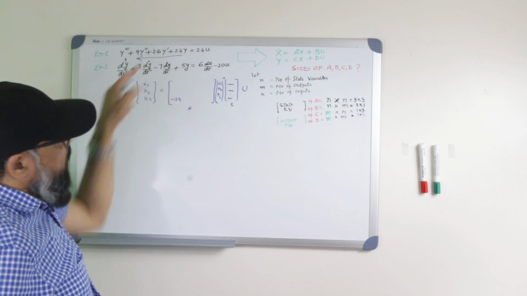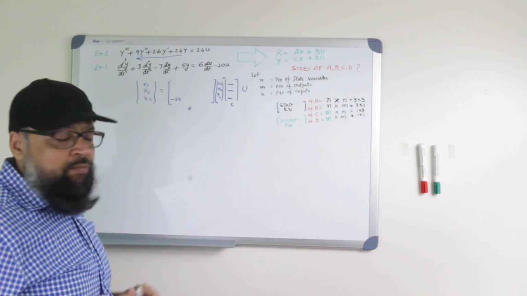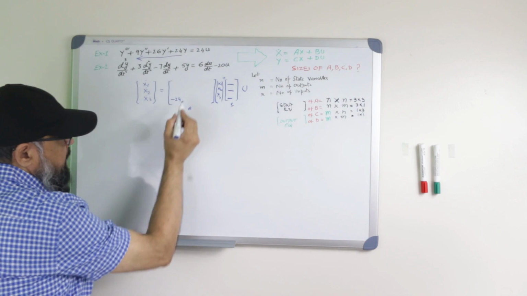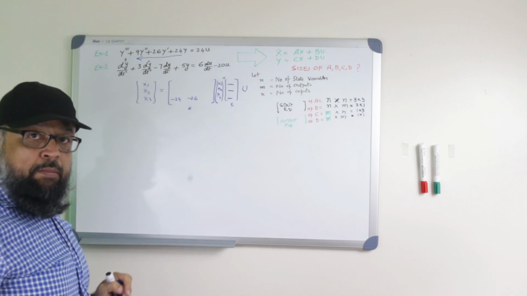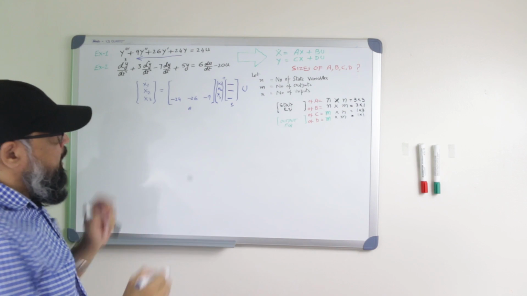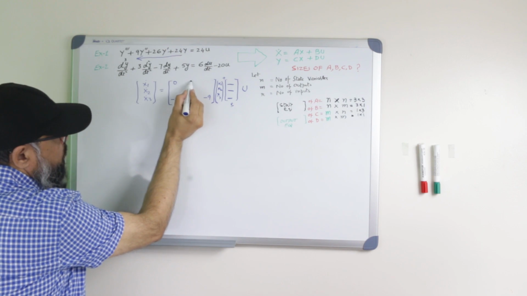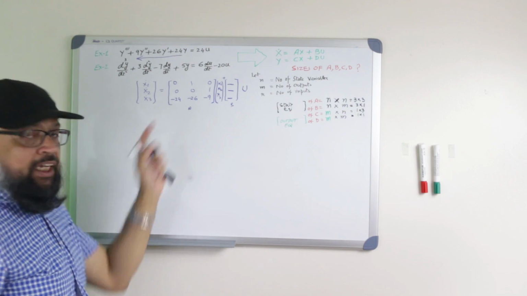Now the coefficient of y dash, or y prime, the first derivative, is 26, change the sign. Coefficient of y double dash, change the sign. And then you put 0 here, 1 and 0, 0, 0, 1. So this is your matrix A.